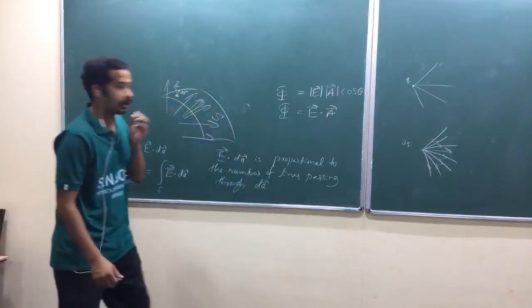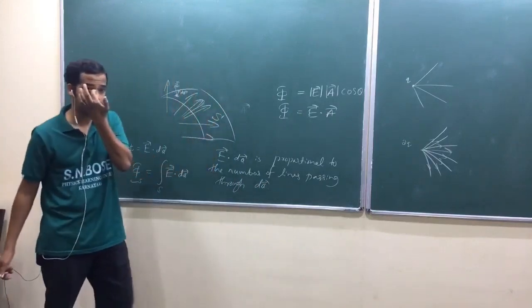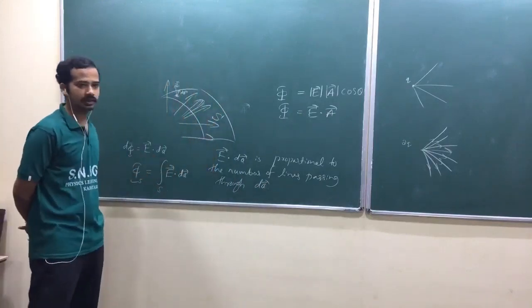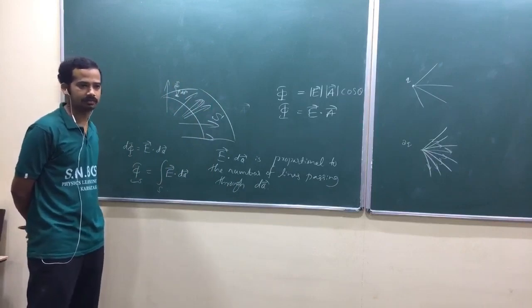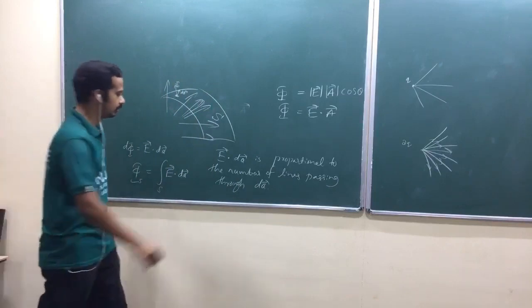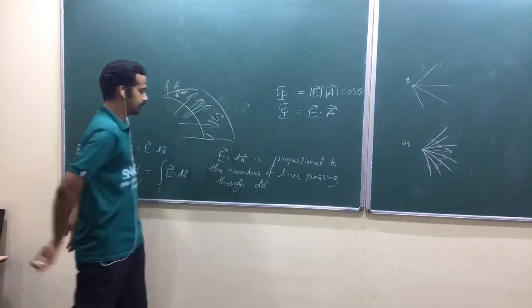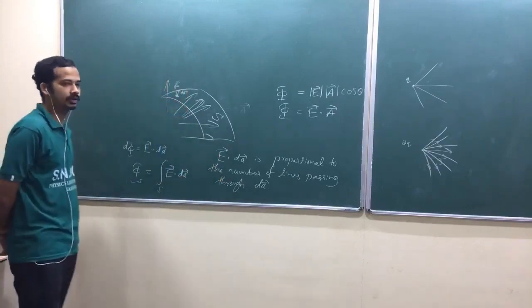We said proportional. Why? We can't count exactly. Is that okay? We can't count exactly, isn't it? It is all left to our choice. Remember, the electric field is a kind of representation, that's our choice, isn't it?